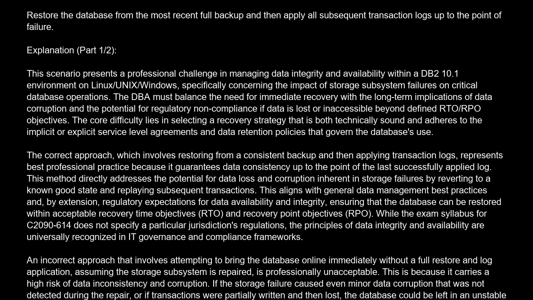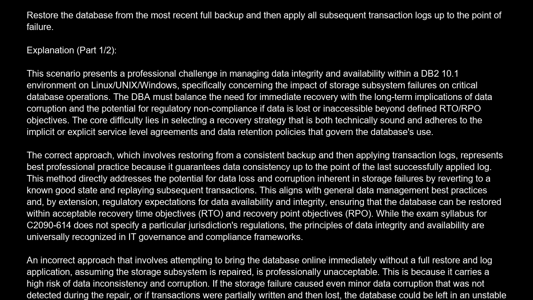The core difficulty lies in selecting a recovery strategy that is both technically sound and adheres to the implicit or explicit service level agreements and data retention policies that govern the database's use. The correct approach, which involves restoring from a consistent backup and then applying transaction logs, represents best professional practice because it guarantees data consistency up to the point of the last successfully applied log.